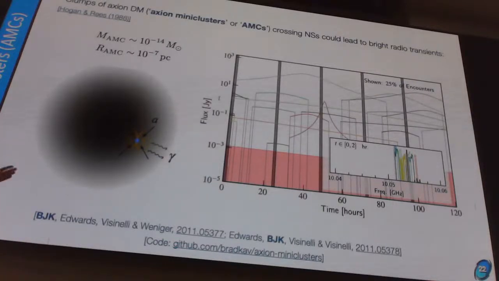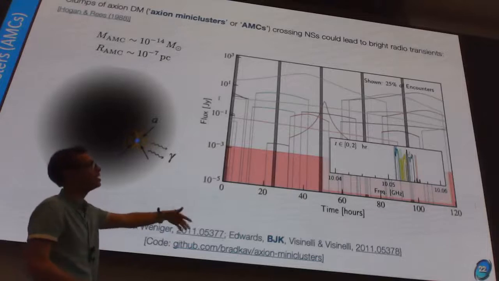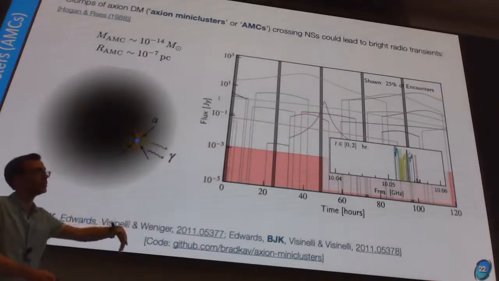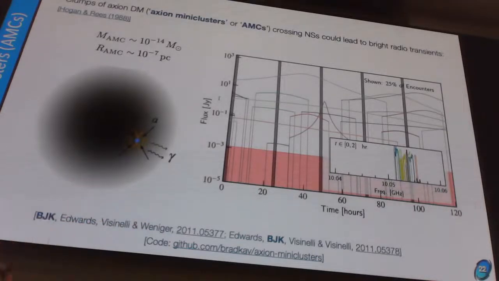What you get in that case is also a radio signal, but it's a radio transient. These things can last a few hours or a few days, depending on exactly the size of these mini clusters. What you could then go away and do is look for these radio transients in the Milky Way or in other galaxies.